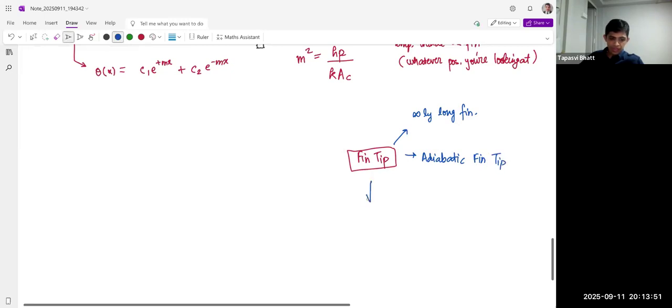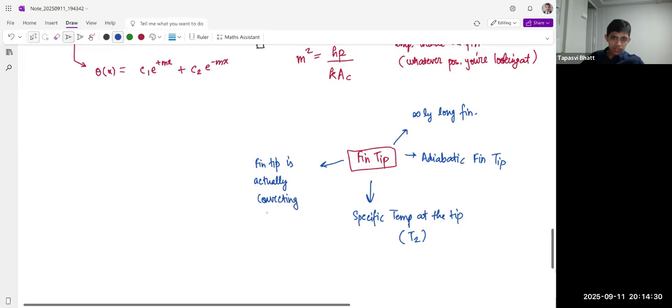Third is, let's say there is a specific temperature at the tip. Let's call it T2. And then there can be a fourth case. In the first three cases we are going to assume that the fin is not convecting, but in the fourth case we'll say the fin tip is actually convecting heat as well. I'll explain all these four.